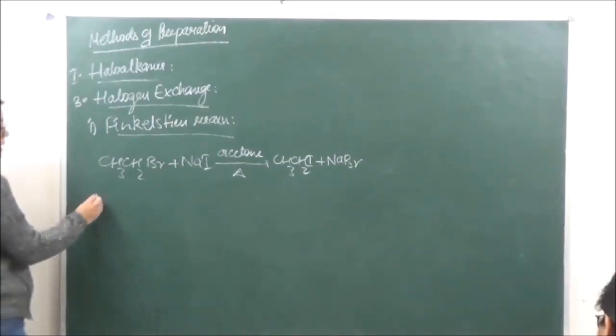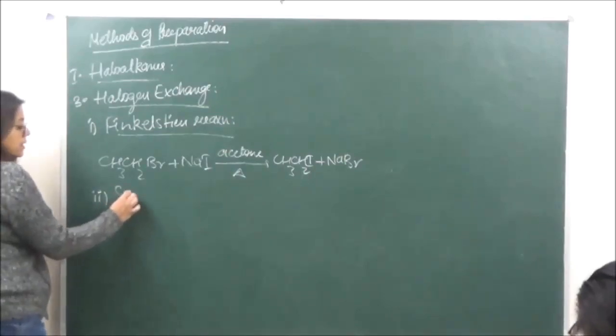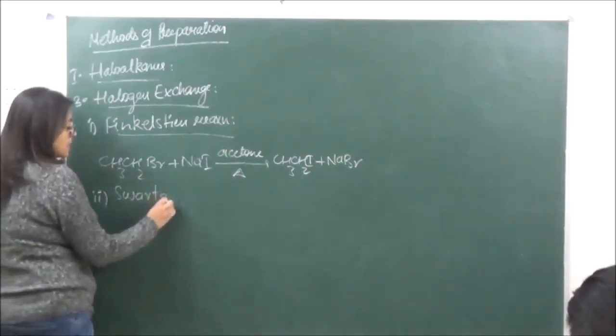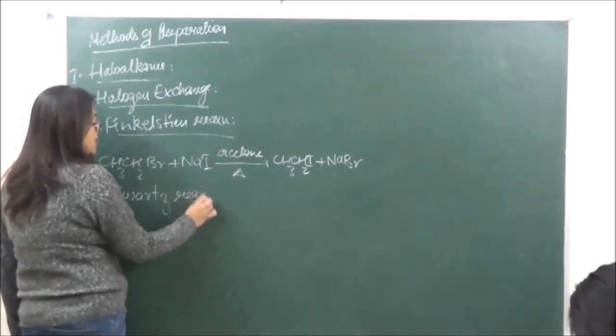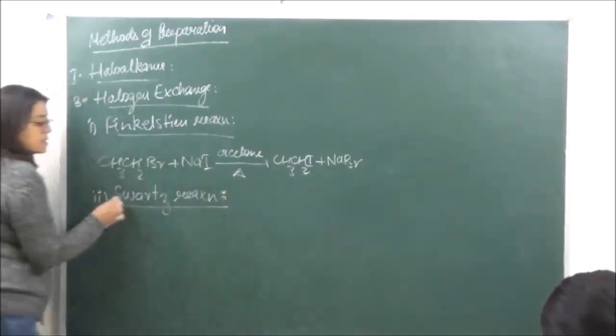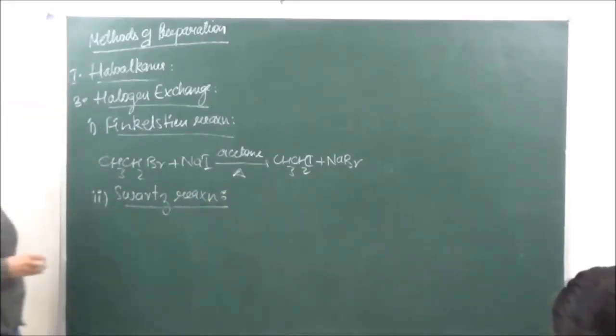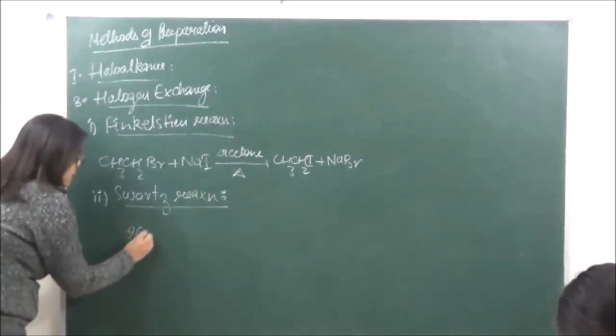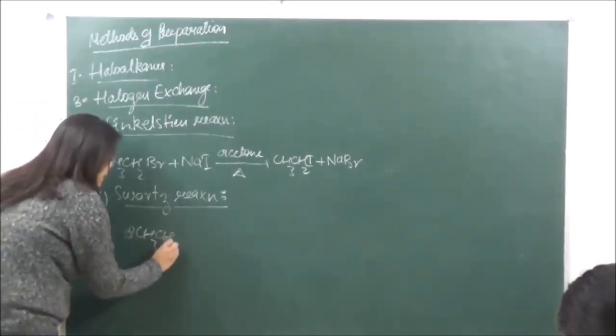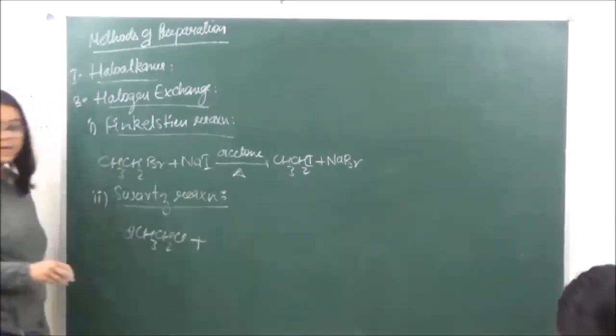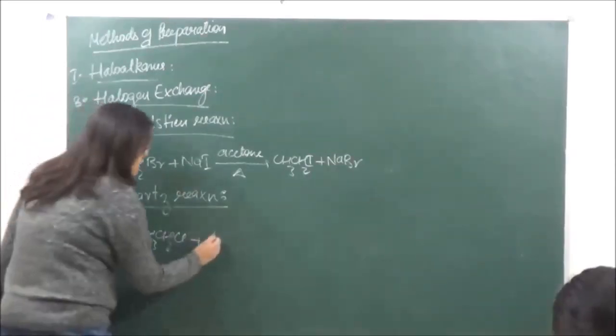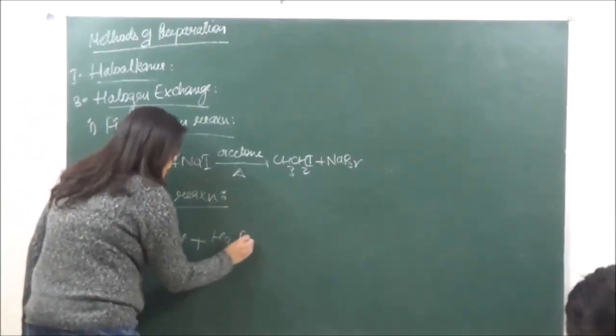Then the second name reaction which we do here is Swarts. Swarts reaction में हम फ्लोरीन के साथ substitution करते हैं. So we have here CH3Cl plus we can react this with Hg2F2.